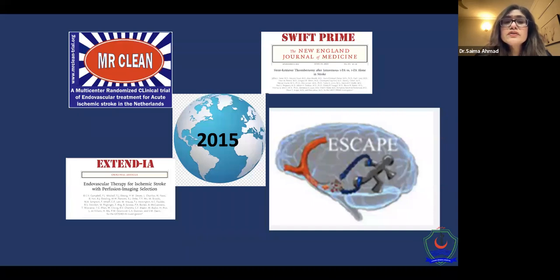They failed because they did not establish the vessel occlusion prior to sending the patient for the endovascular therapy. But after 2015, in these 5 major trials, they always established the occlusion of the vessels and the site before the endovascular therapy, and that's why it changed the game. It revolutionized everything because we had a better outcome when we know the site of the occlusion.